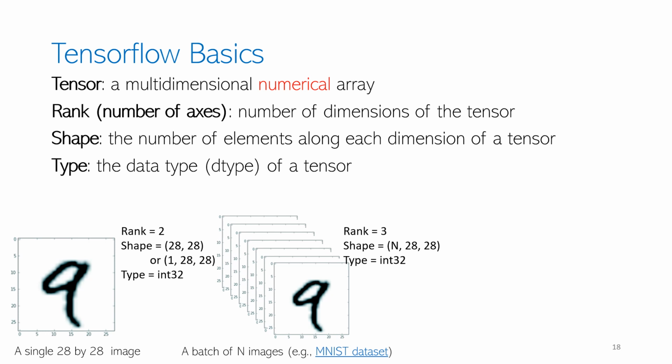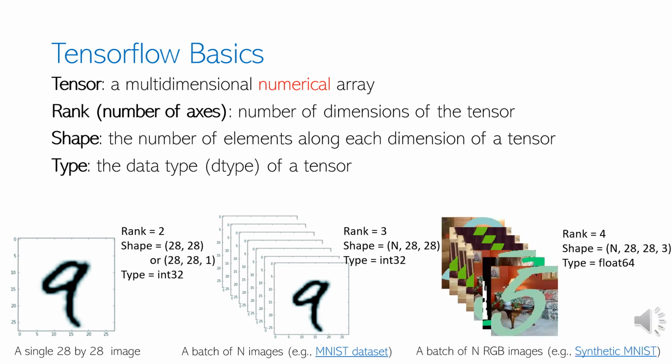If you have multiple images, you're going to stack them together along the first axis. So remember that the batch dimension is always the first dimension of your tensor. This is kind of a standard to keep in mind. So for example, multiple MNIST images will be stored in a tensor of shape n by 28 by 28.